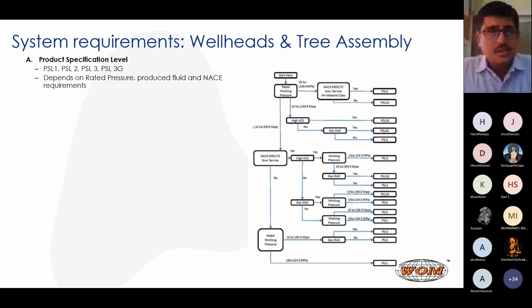It depends on the rated pressure of the well, at what pressure you will be producing, what the produced fluids are, whether liquid, gas or a mixture, and what the NACE requirements are, meaning how corrosive that fluid is. All those guidelines in this chart will guide us to select the proper PSL level. The operator, who is going to drill the well, or you can do that: knowing the produced fluid and the pressures, you can always select the PSL.